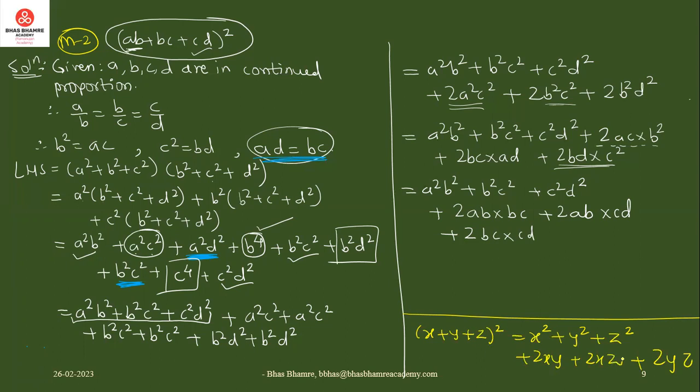Now you can check, this is x, this is y, this is z. That is nothing but AB plus BC plus CD the whole square, which is the RHS. Hence, we completed the proof.